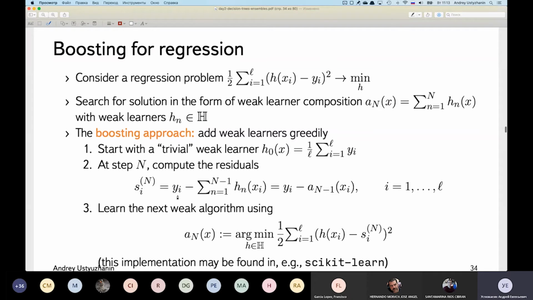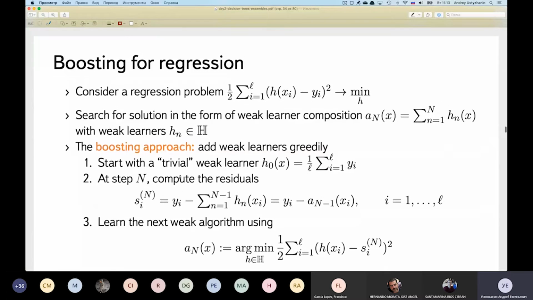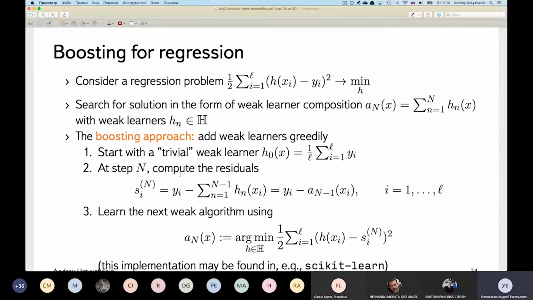So let's look at how boosting can be applied to a regression problem. Wait a second. If you have questions, maybe you can ask them now.